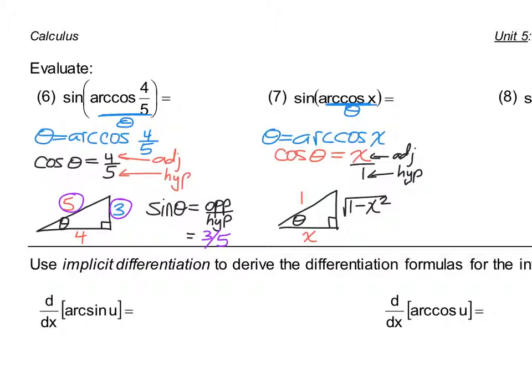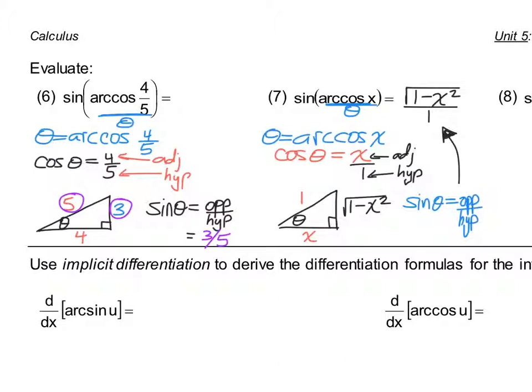And so again, since we're looking for the sine of theta, which would be the ratio of the opposite side to the hypotenuse, we pretty much have it. So I'll just write my answer above. The opposite side is the square root of 1 minus x squared. And the hypotenuse is equal to 1. I'll write it over a 1 just to have it, but if you're simplifying, you wouldn't write that.